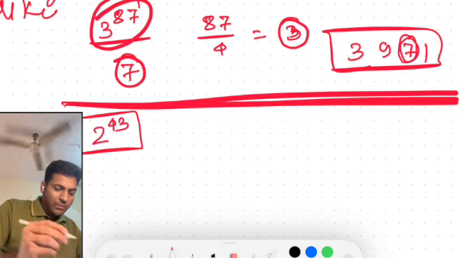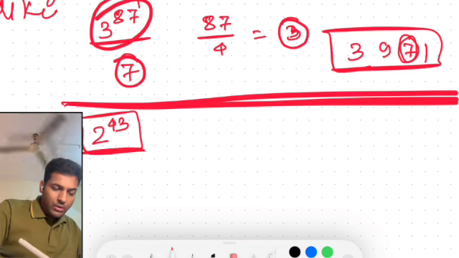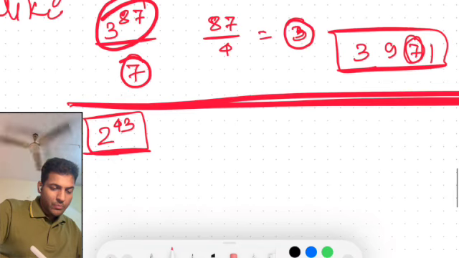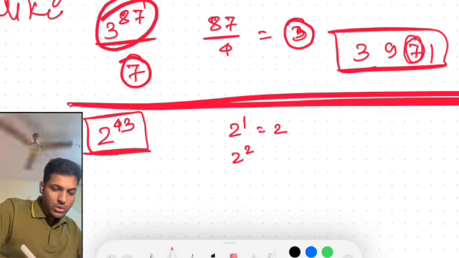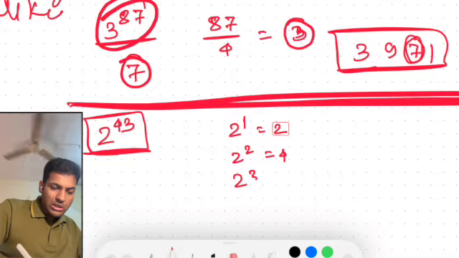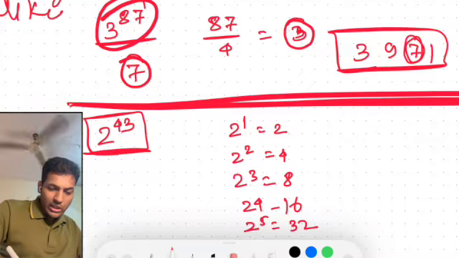What is the remainder? Now if you see, powers of 2 have repeating unit digits in a manner. 2 to the power 1 is 2, 2 to the power 2 is 4, 2 to the power 3 is 8, 2 to the power 4 is 16, and again 2 to the power 5 is 32. Again it is repeating.